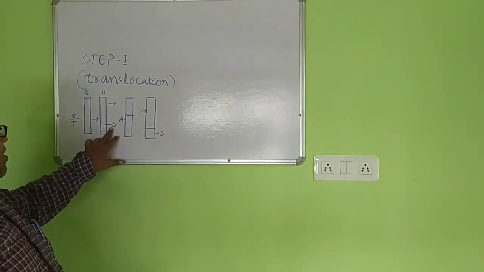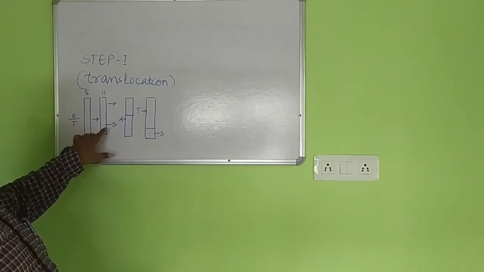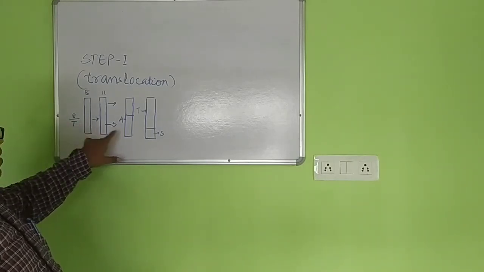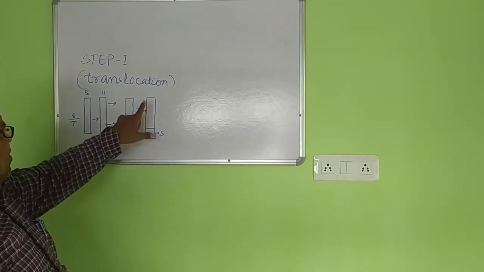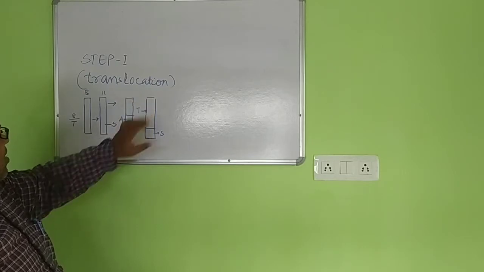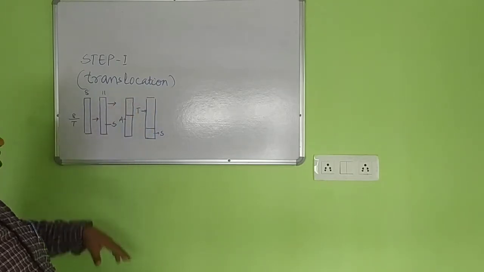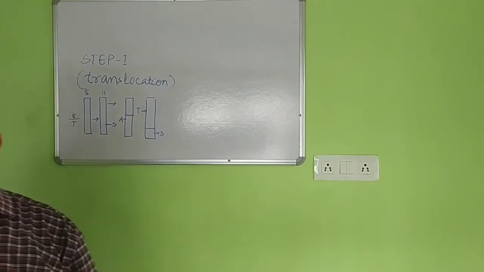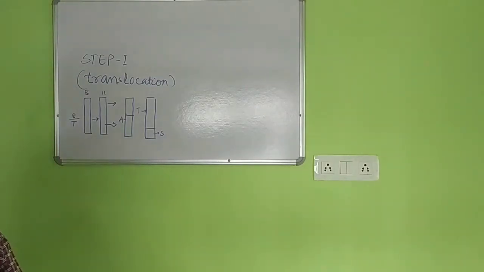S is there, and you will also find T, and then you mark. It will also be combined here, and the fragment will also link with your T. Okay, but this one is the A in addition to it. Then you mark there, and this is called translocation. It will complete the first step.